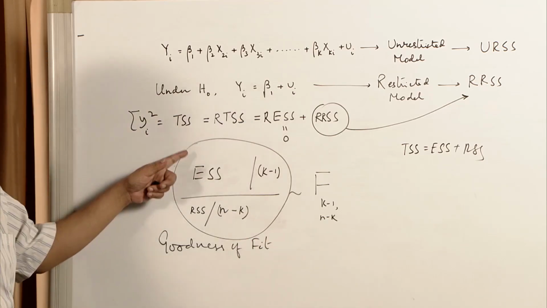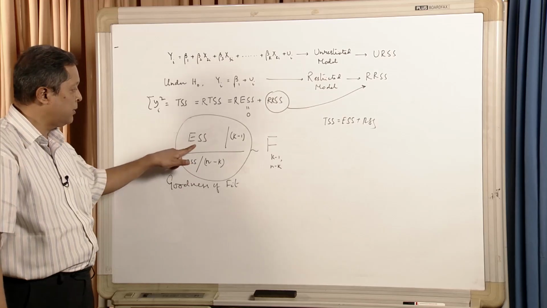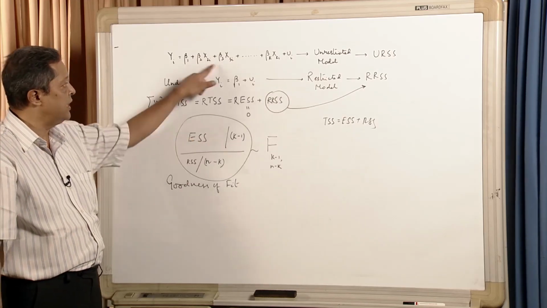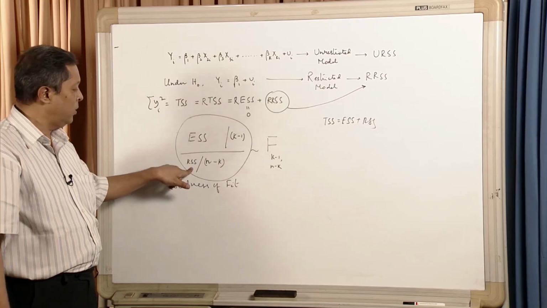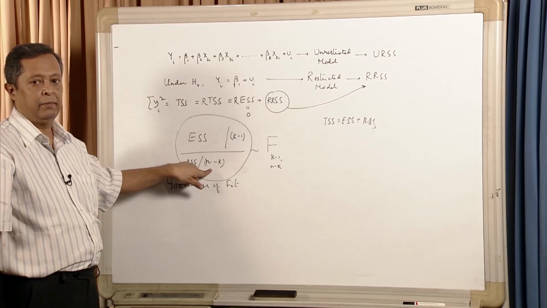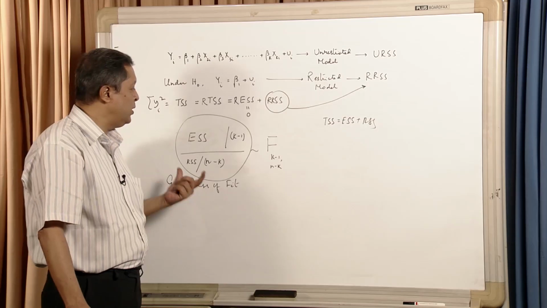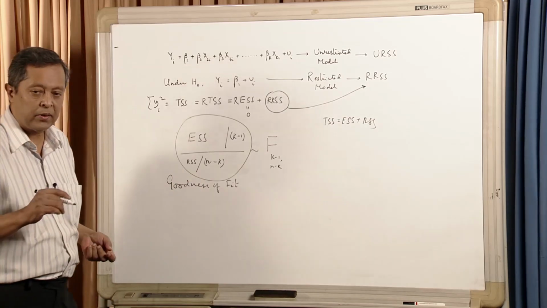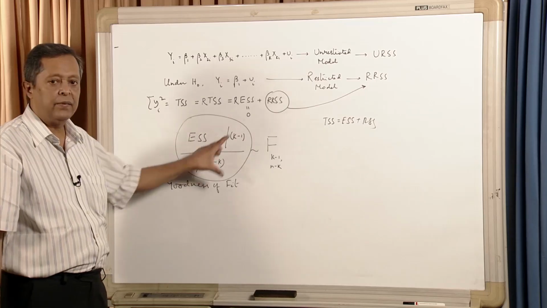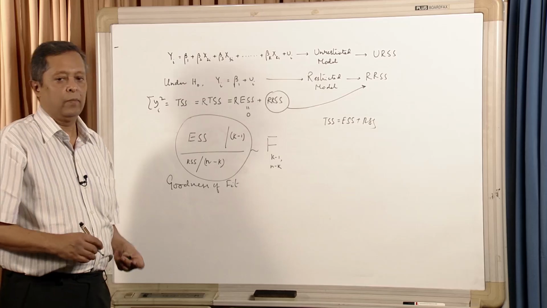So, this is the test for the overall regression which we had done earlier: explained sum of squares divided by the number of regressors k minus 1, all upon residual sum of squares from the model divided by n minus k. That very clearly explains why we use the formula restricted residual sum of squares minus unrestricted residual sum of squares, and that gives a very nice intuitive explanation for this format.